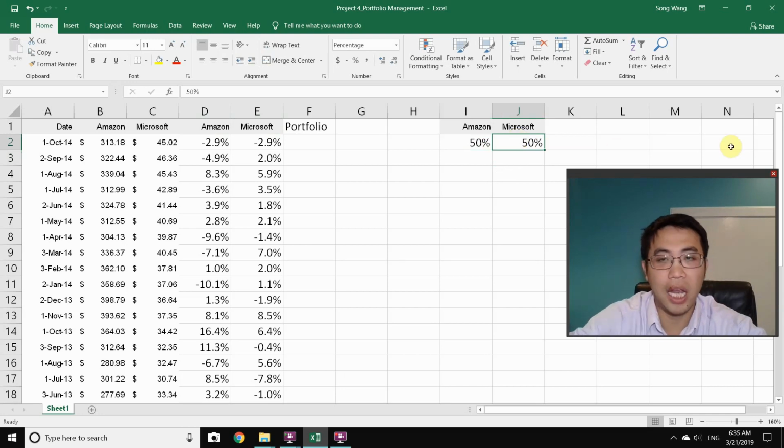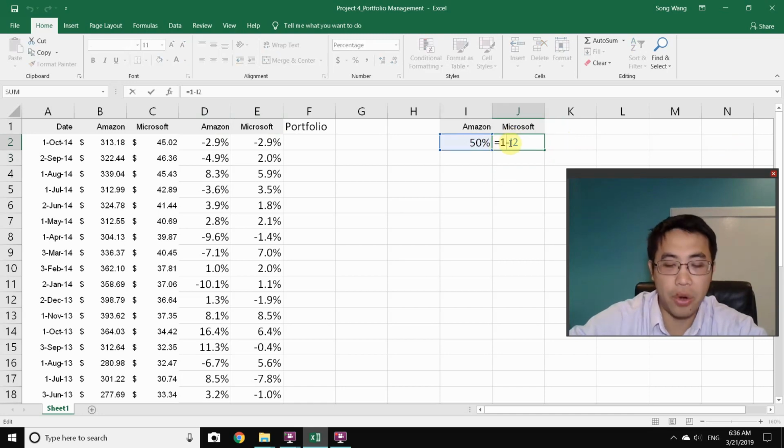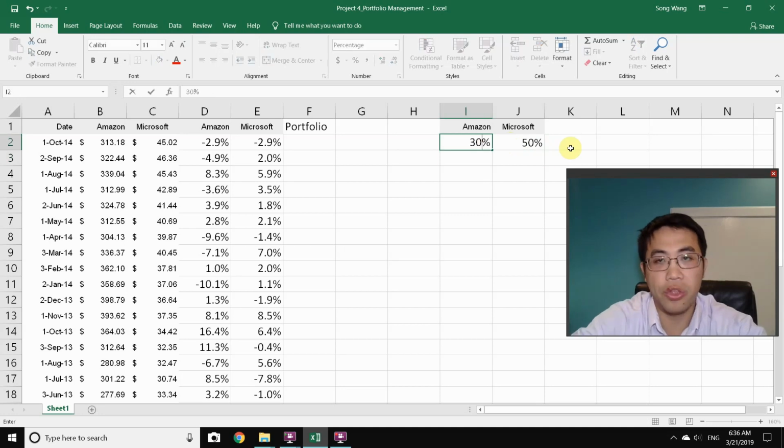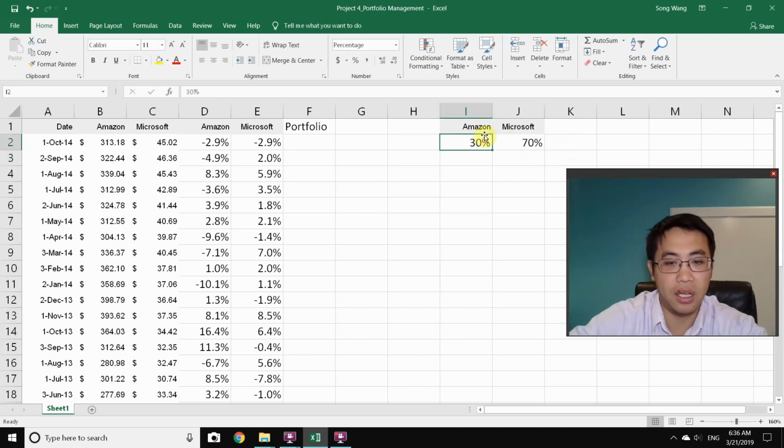However, I want you to insert a formula behind this second 50%. I want it to be 1 minus that first 50%. So this is a formula I want you to put in there. It's 1 minus, or 100% minus, that figure. So if I change to 30%, that will change to 70. If I change to 40%, this will change to 60.